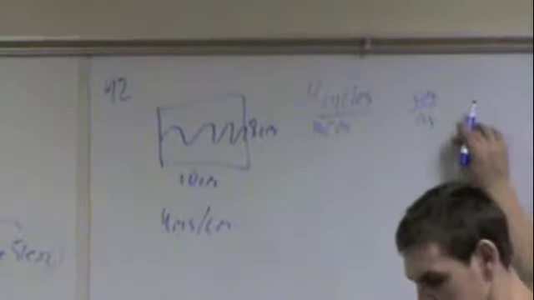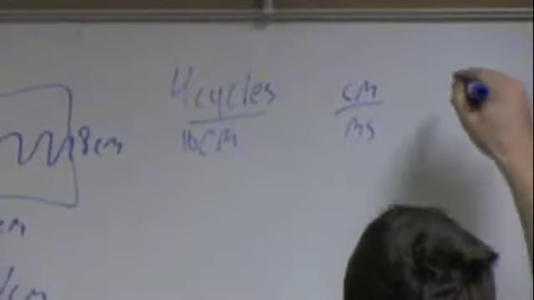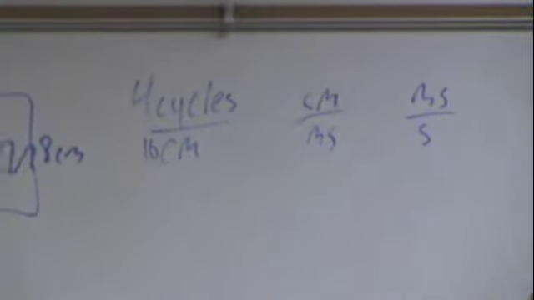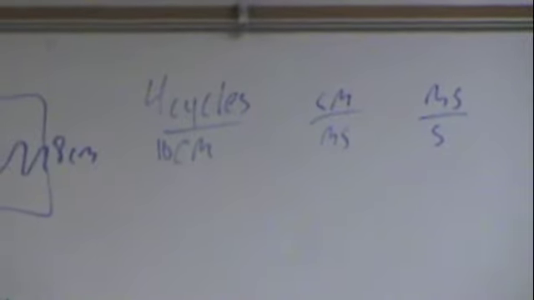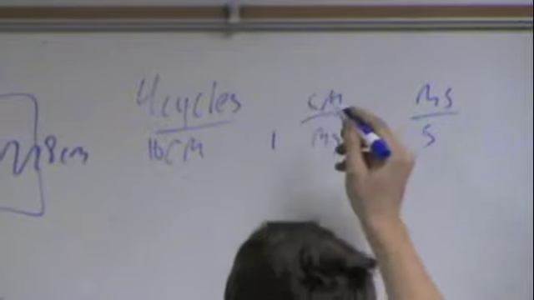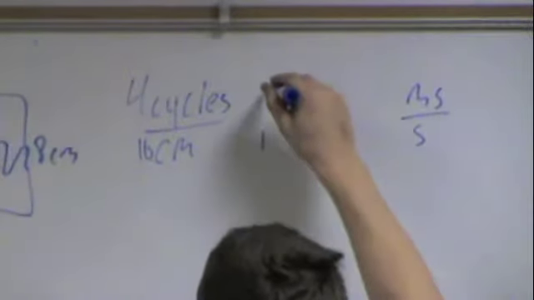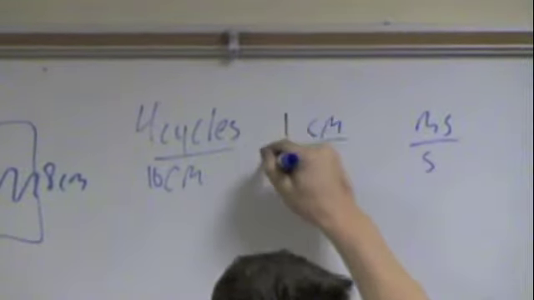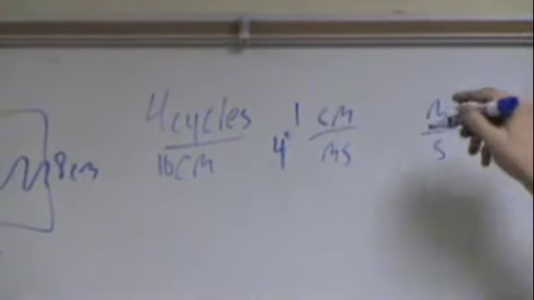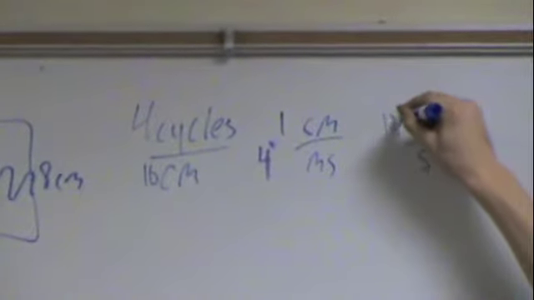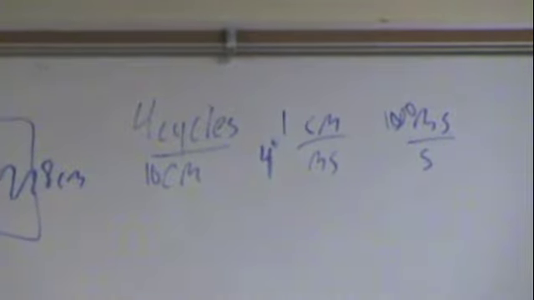And then we go from milliseconds to seconds. And then we're getting cycles per second, right? Which is frequency. Yeah. So we have 4, this is going to be 1, this is going to be 1 over 4. Yeah, I can't read. All right, and then this is going to be 1,000. Cool.